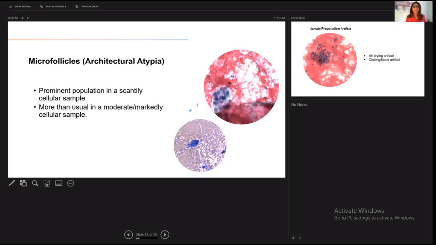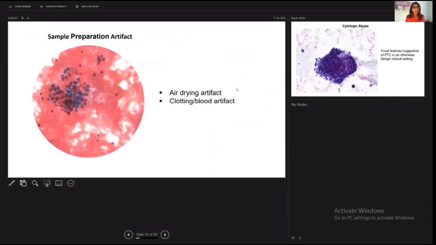Because obviously, if the sample was very cellular and you found a lot of microfollicles, we're treading into the Bethesda 4 category or the follicular neoplasm category. So if the microfollicles are the prominent population in a scantily cellular sample, that's a good criteria to use the FLUS category. Or if the microfollicles are just more than what you normally want to see in a cellular sample, then you can use this category.